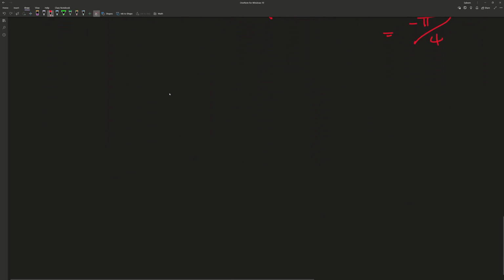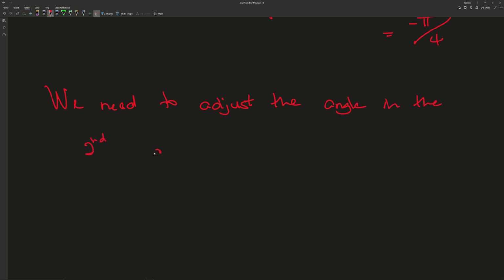We need to find the principal argument, so the principal angle, so to speak. Let me write it in words here: we need to adjust the angle in the second quadrant.